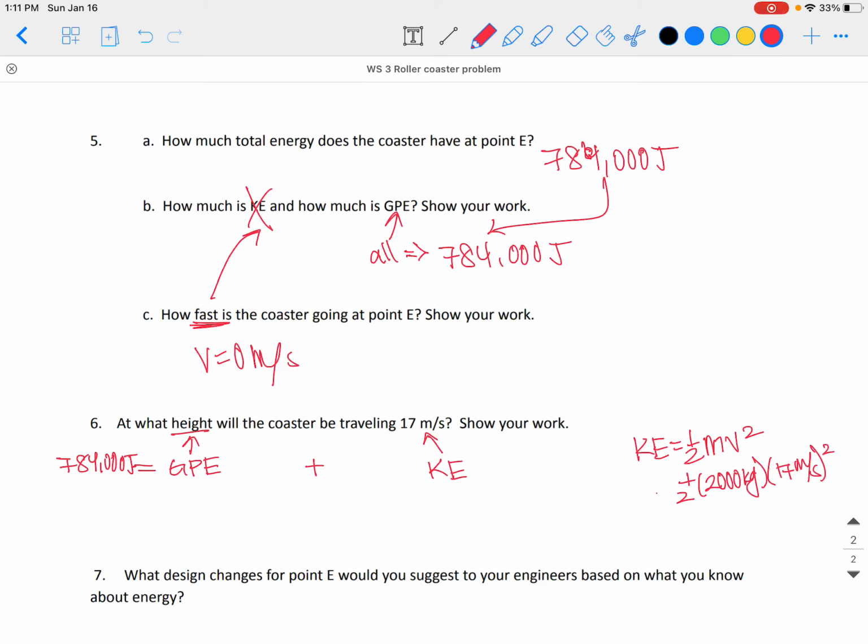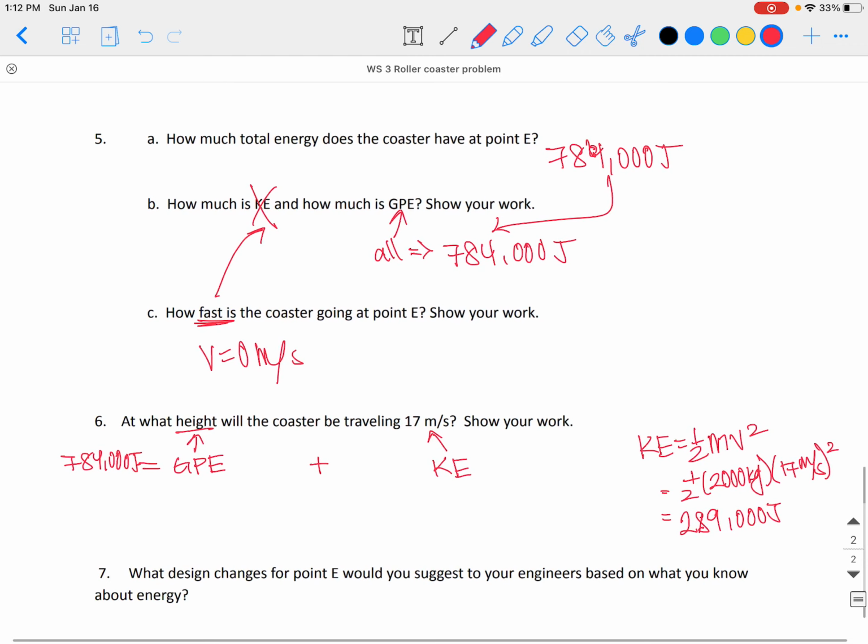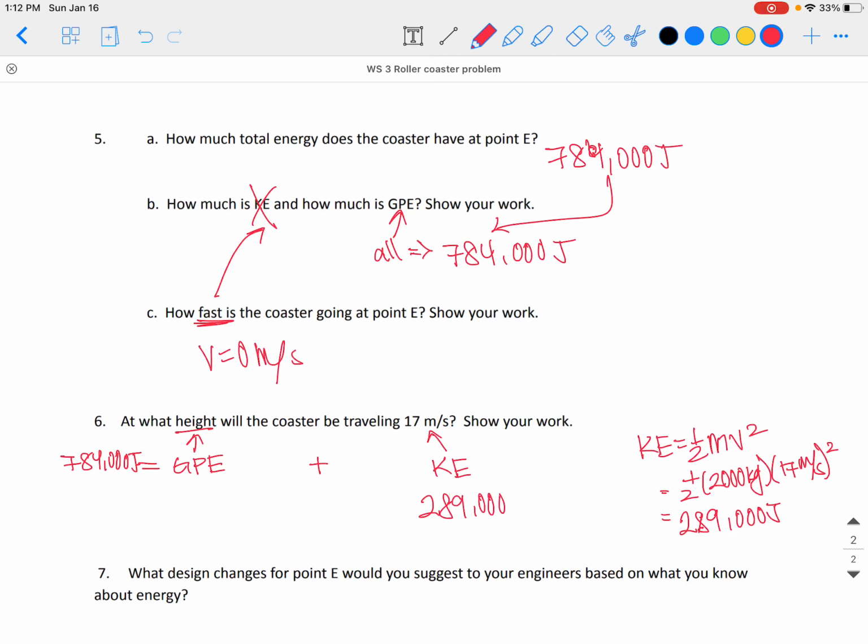This ends up coming out to be 289,000 joules. I'm going to plug that in here: 289,000 joules plus gravitational potential energy equals my total of 784,000 joules.